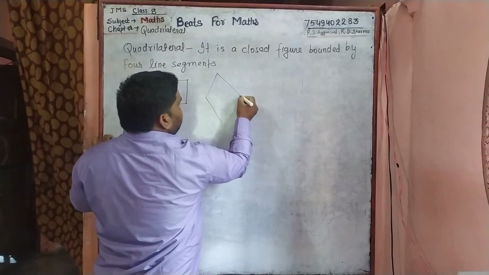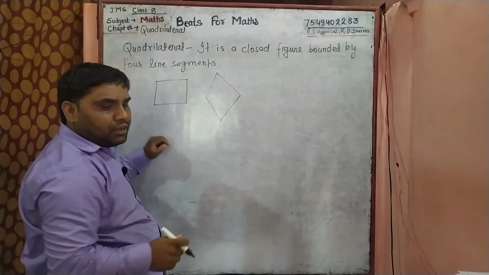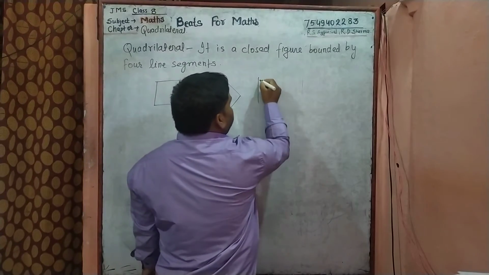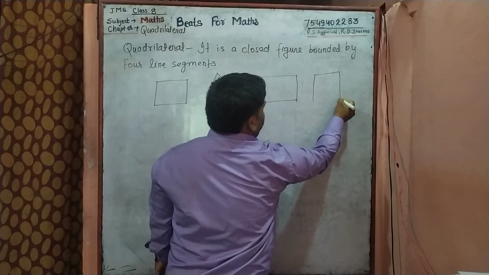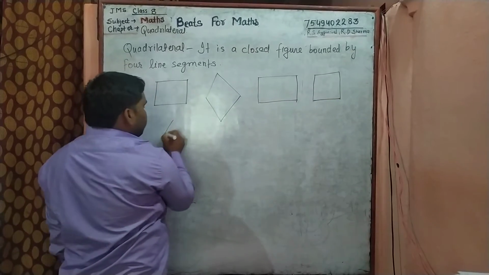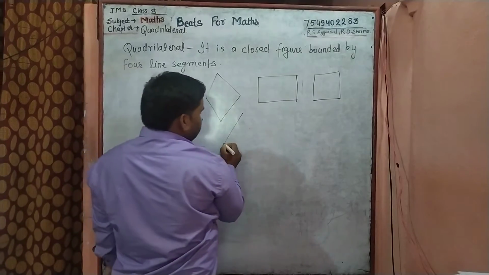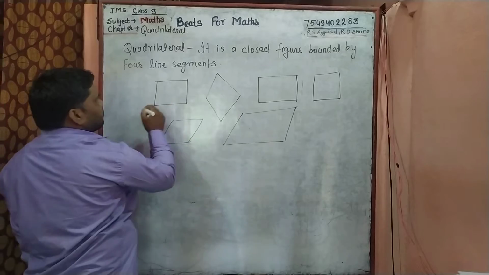This figure also has four line segments, made up of four line segments, so it is also a quadrilateral. We have the examples of rectangle, square, parallelogram, rhombus, trapezium.